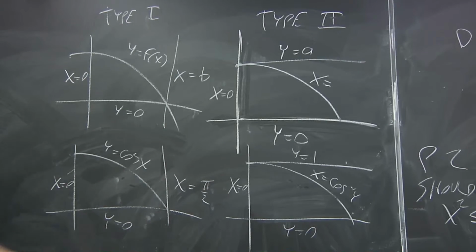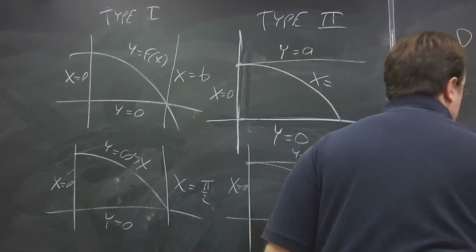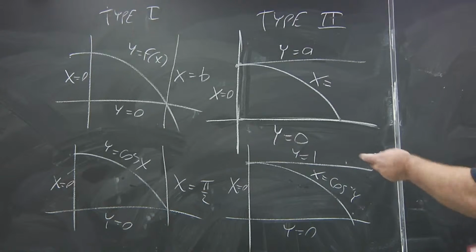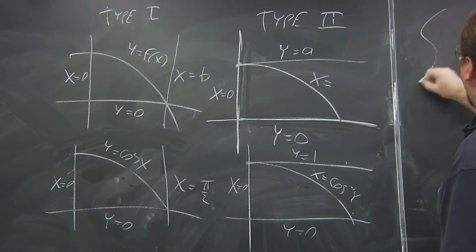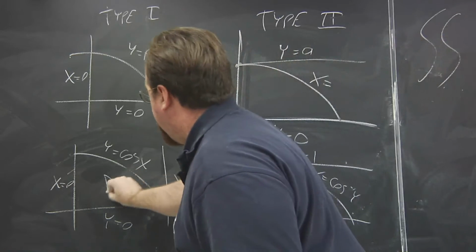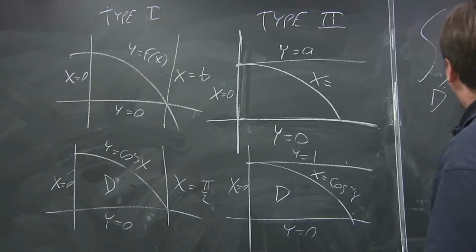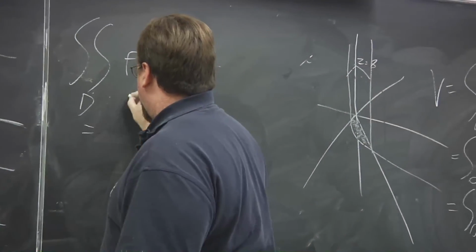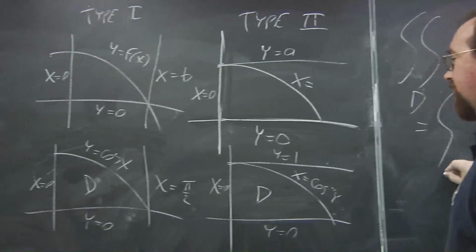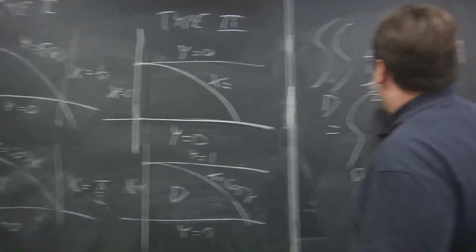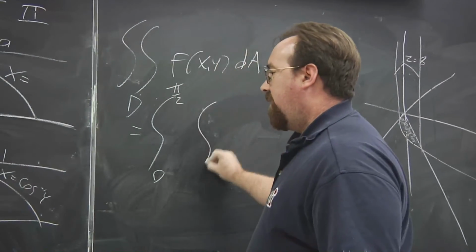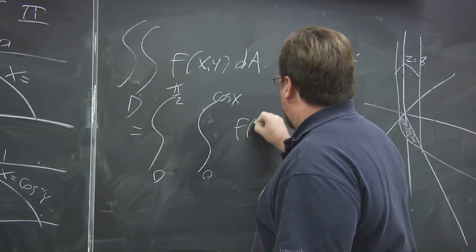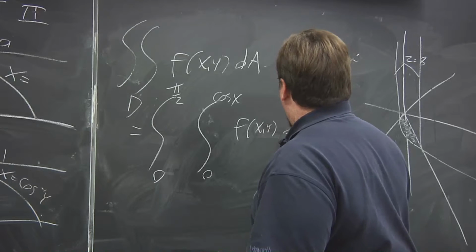So, if you're having to integrate a function over a region like this, let's just call this region D as usual. So the double integral of whatever integrand you have can be written either as the integral from 0 to pi over 2 in x, and then 0 to cosine x in y. So the inner integral is with respect to y.